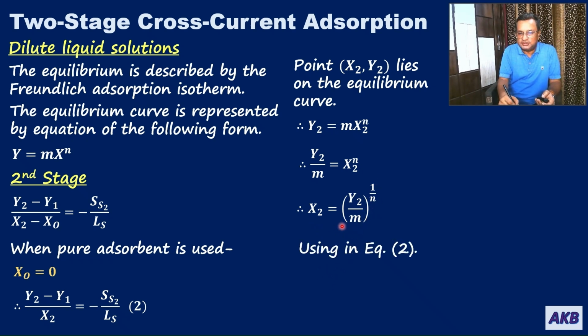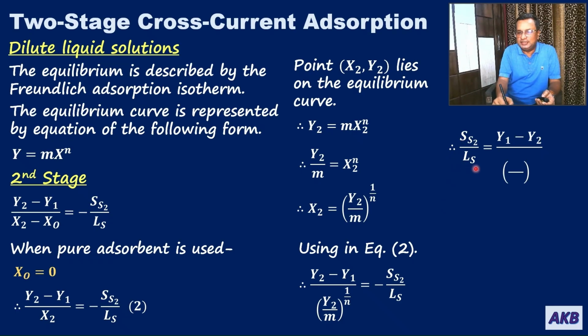If I use the equation for X2 in equation 2, I will get this equation: capital Y2 minus capital Y1 divided by capital Y2 by m raised to 1 by n, that is equal to minus SS2 upon LS. In the next step, I will get SS2 by LS is equal to capital Y1 minus capital Y2 divided by capital Y2 by m raised to 1 by n.